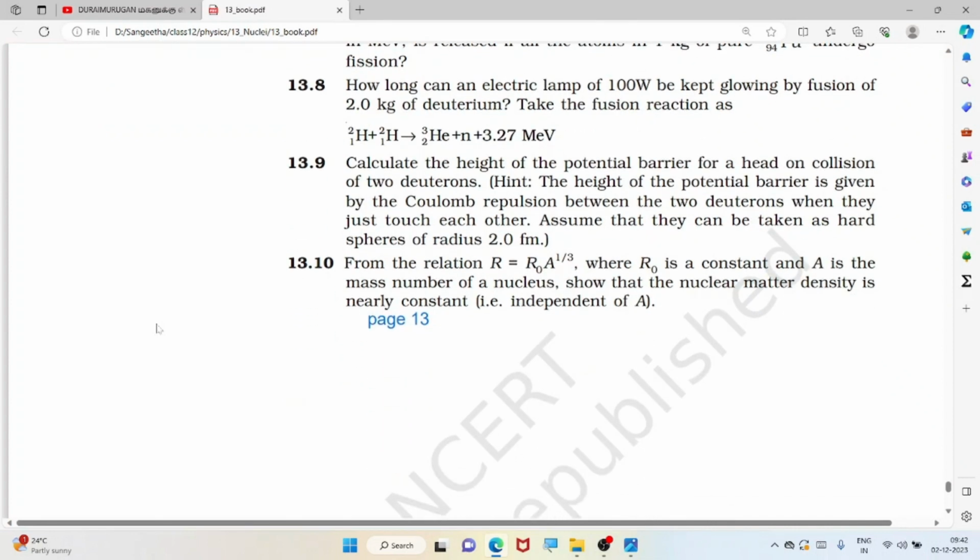Calculate the height of the potential barrier for a head-on collision of two deuterons. The height of the potential barrier is given by the Coulomb repulsion between the two deuterons when they touch each other. Assume that they can be taken as hard spheres of radius 2 femtometer.